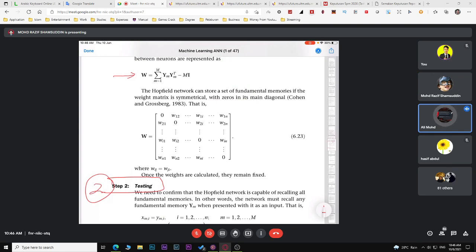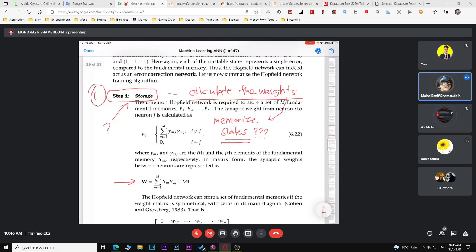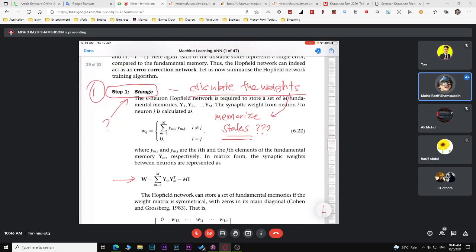Sir, boleh tak ulang balik state tu apa? Tak sempat salin. Okay. State ni adalah a given. Saya tulis kat sini lah. Stable states are the inputs that need to be memorized.